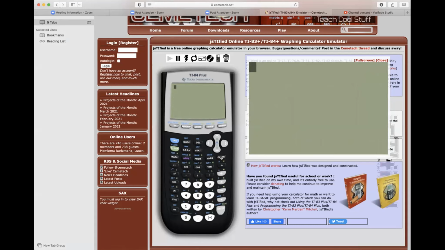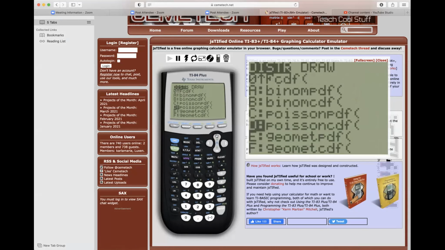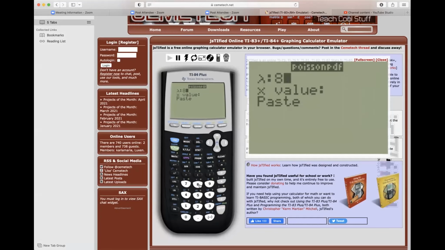Okay. So for the Poisson, you press second, bars, and you go to Poisson PDF. You put lambda. Lambda in this case is the mean or the average, 8. The x value in this case is 0, right? Because we're looking for the probability of x equals 0 plus probability of x equals 1 plus probability of x equals 2.